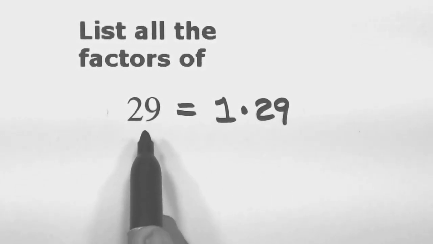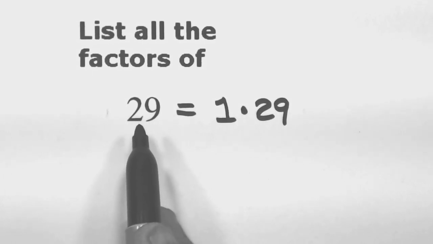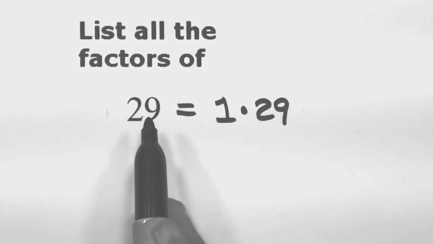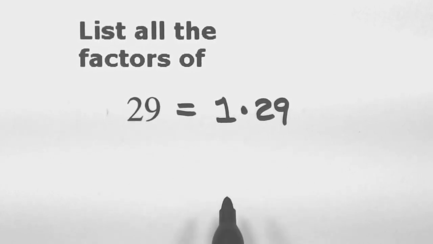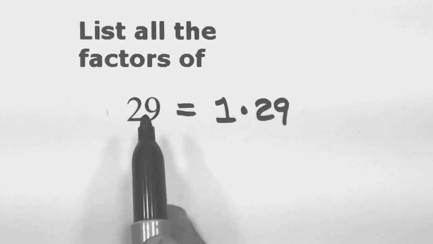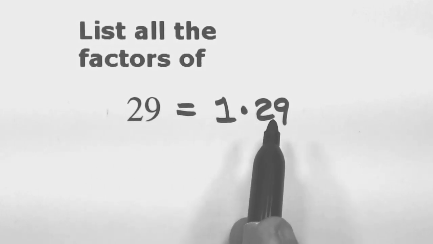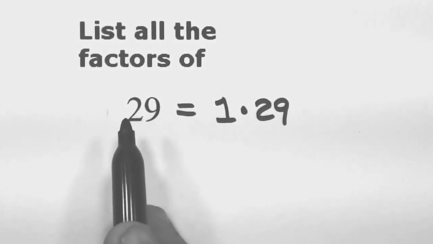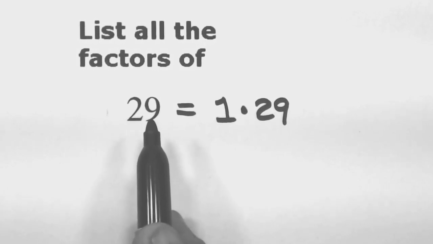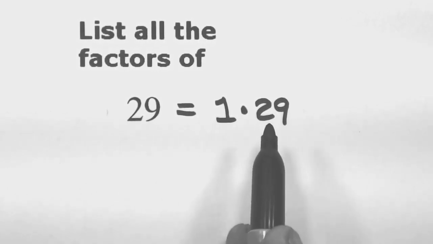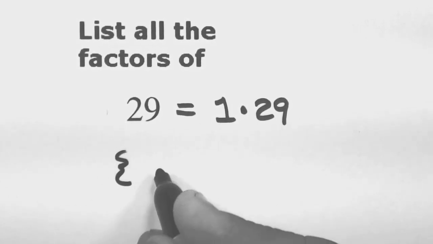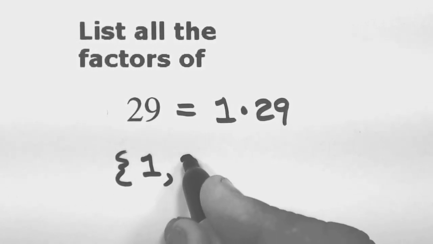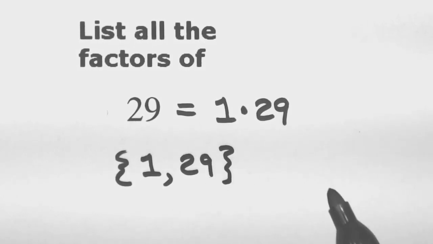But after that, I don't think there's anything else that'll work, because if you remember, 29 is a prime number, and nothing else going all the way up to 29 will divide evenly into 29, and of course we already have the 29 here. So when you run into a prime number, it should be no surprise that you only have 2 factors. Remember, that's the definition of what a prime number is. And so in this case, only 1 and 29 are the only ones that would work.